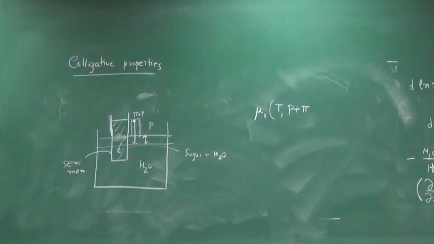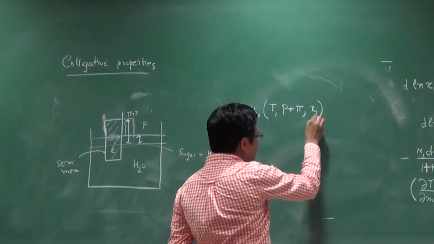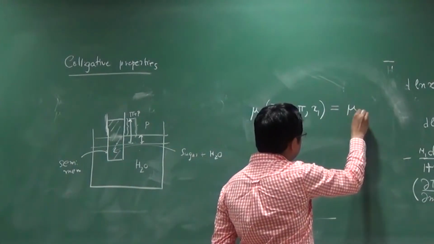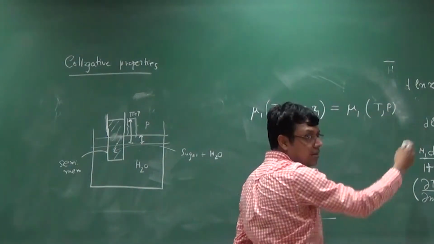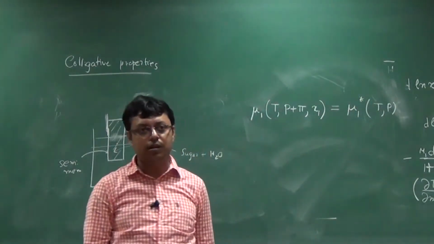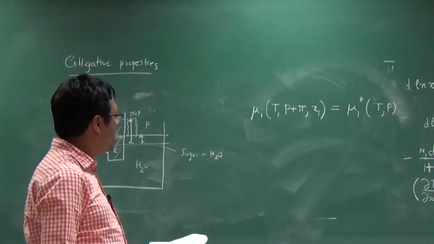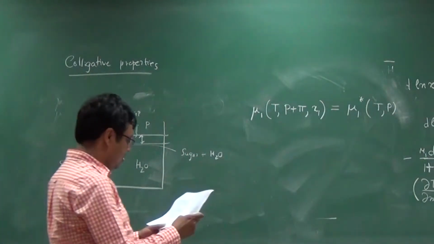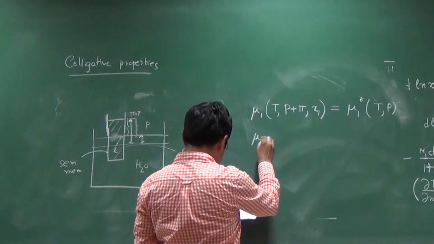Now let us do it. So this is also dependent on the mole fraction, right? It is identical to the chemical potential, which is a function of temperature and pressure on the other side, but that is actually the pure water. That is mu star. Now we are basically done. So I'll write it as mu star plus those things. But there is an interesting thing, I'll come to it in a minute.